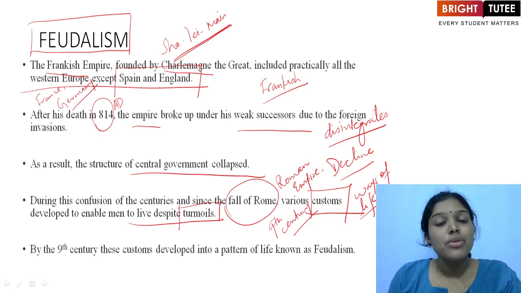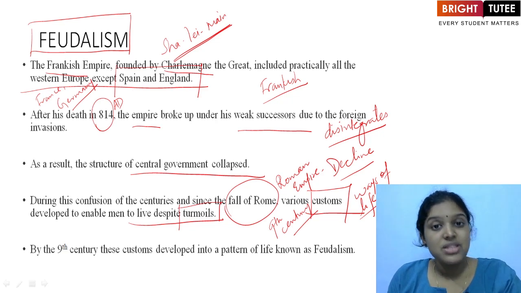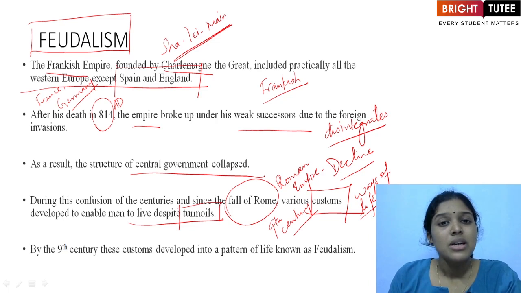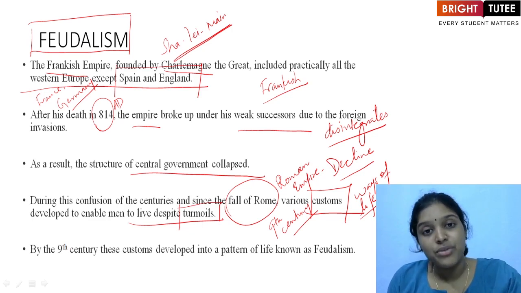Because of these political changes, ordinary people experience a lot of problems in their life. So in order to cope with or adjust to these changes, people develop or try new ways of life and new social structures.